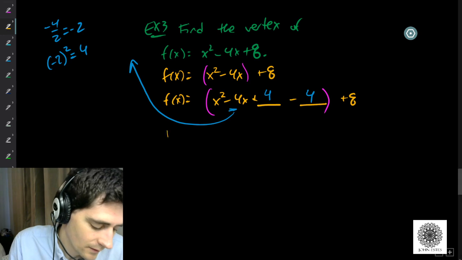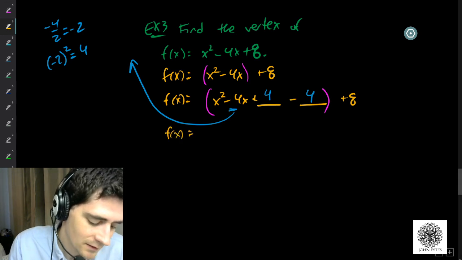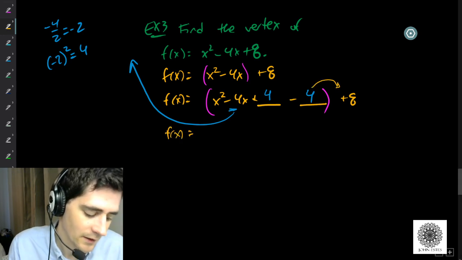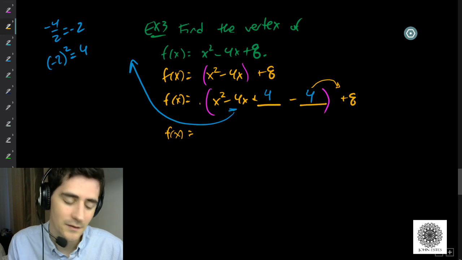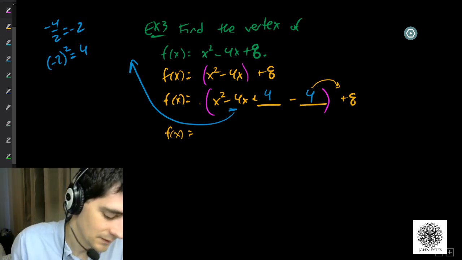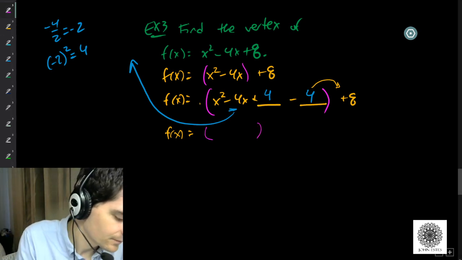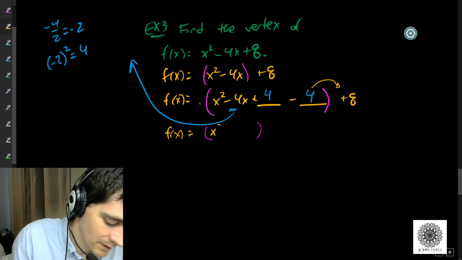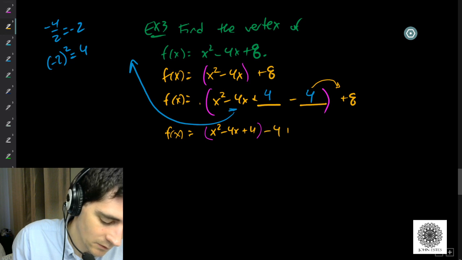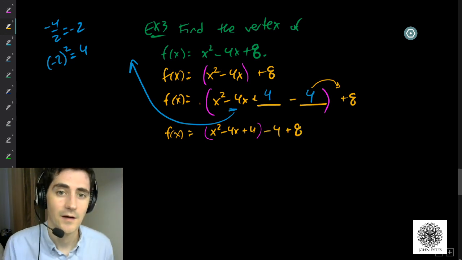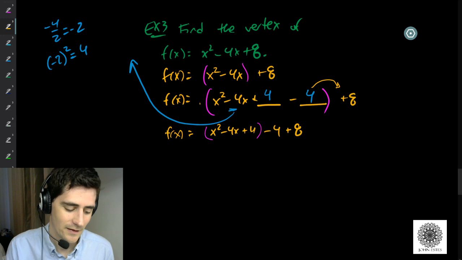All right, now the next thing I have to do is I need to move the negative 4 out, which means I have to multiply it by whatever my value of a is. Here a is 1, so it makes it a little easier on us. I have then x squared minus 4x plus 4 minus 4 plus 8, like that. I just took out the negative 4.